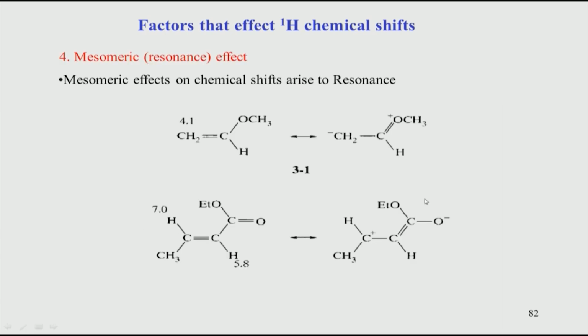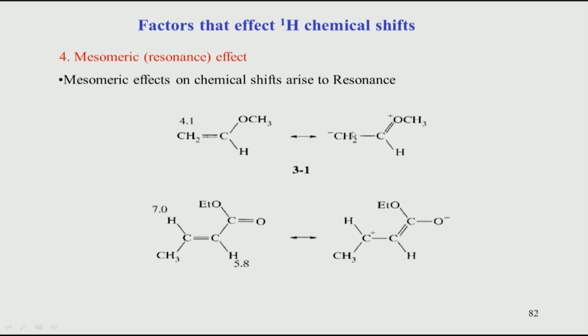Next we look at the effect known as the mesomeric effect, which comes from resonance. This is a very simple example here. In this particular molecule, it resonates between two different structures. You can see there is a negative charge here and that comes to positive.